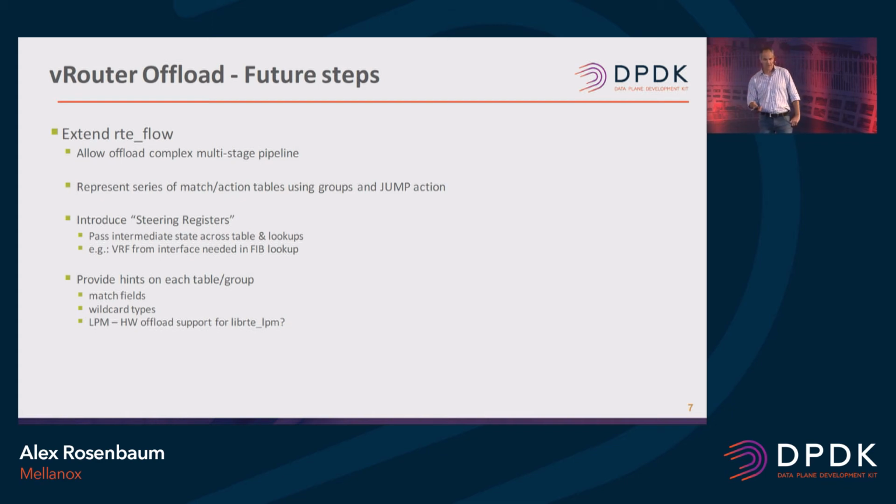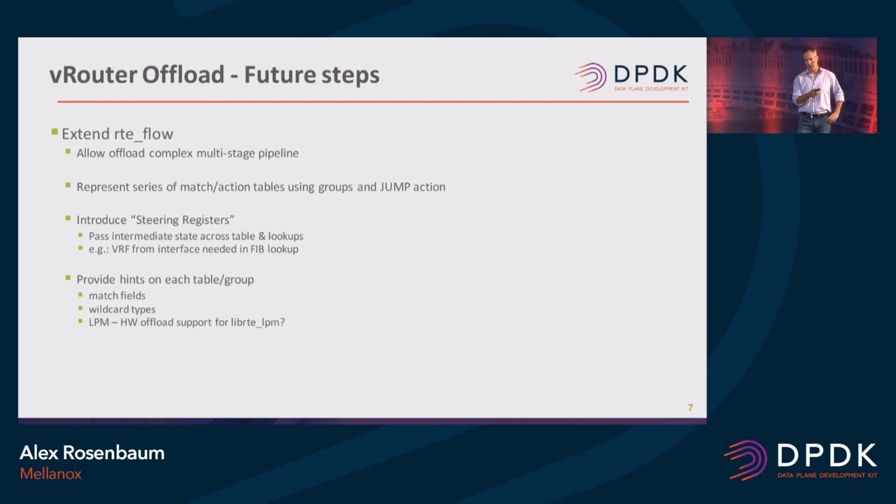An interesting question here is longest prefix match. So we have a software implementation. I understood from Thomas that recently it was even updated or improved, the IPv4 implementation of it. How do we do hardware hooks to allow LPM to be implemented in hardware?